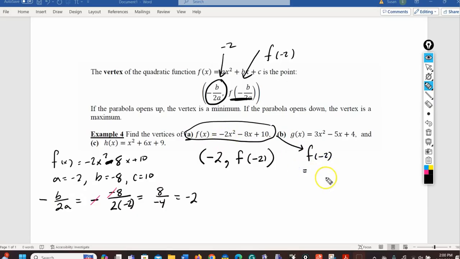Well, I go through the formula here, and everywhere there's an x, I replace it with -2. Now, if you put it in your calculator, make sure you have the parentheses. If you don't have parentheses, you're going to get the wrong answer. -2 all squared is +4. And then +4 times -2 is -8.